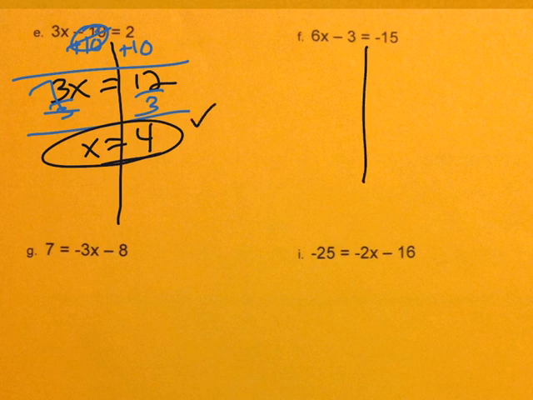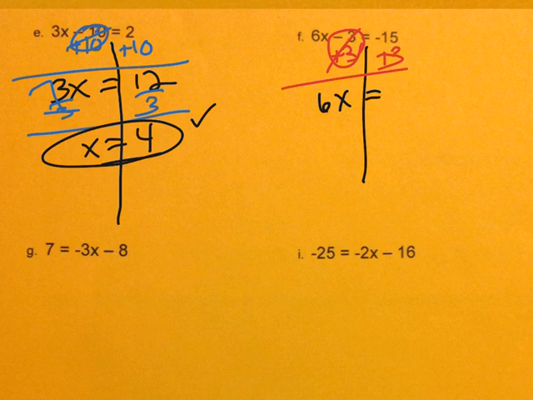Alright, letter F, I'm going to drop my line. I'm going to add 3 to both sides this time, because that will zero out my minus 3, leaving me with 6x on the left. And be careful here, because now we have a negative sign and a positive sign.